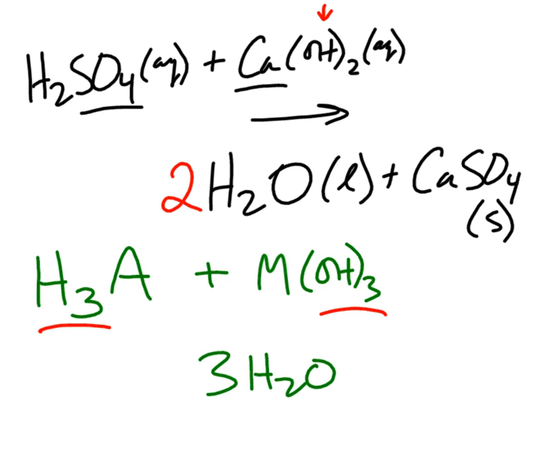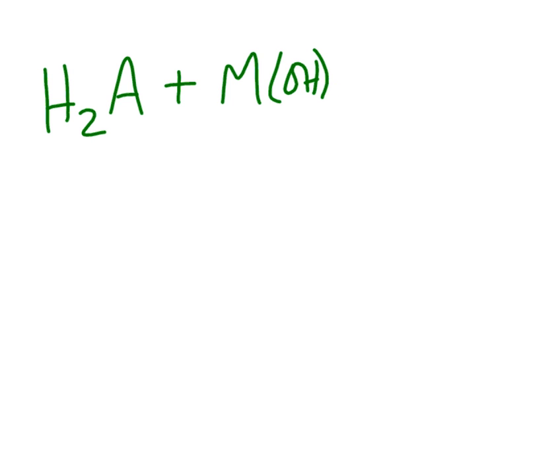Now, what can be tricky, you just have to make sure you keep your numbers intact, is when you're going to end up having more than just a coefficient on one species, when I have something like H2A plus metal hydroxide 3. In this case, I'm going to have 3 hydroxides and 2 hydrogens.